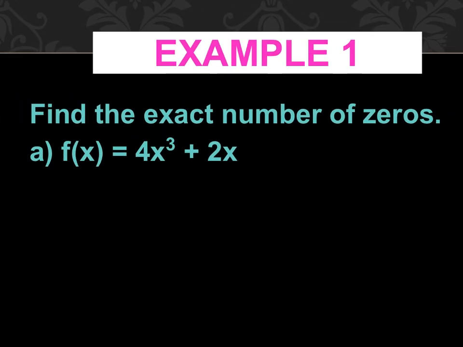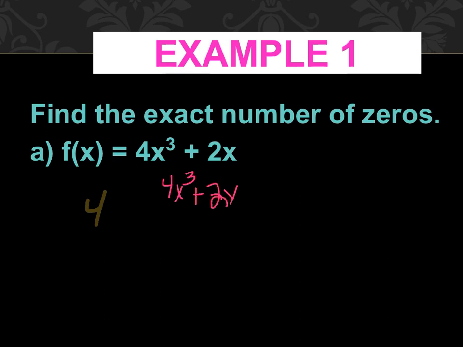Okay, so if I look at this, and I said to you, using the fundamental theorem of algebra, find the exact number of zeros. Guys, what does that mean to do? Find how many zeros there are. Factor it. How many answers should I get for this problem? 3. Okay? So I'm going to say 4x cubed plus 2x equals 0.